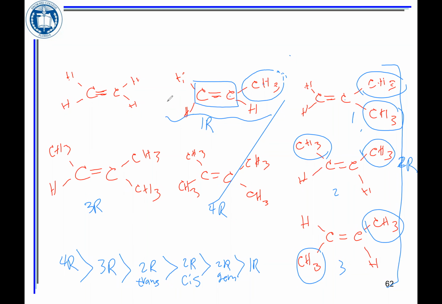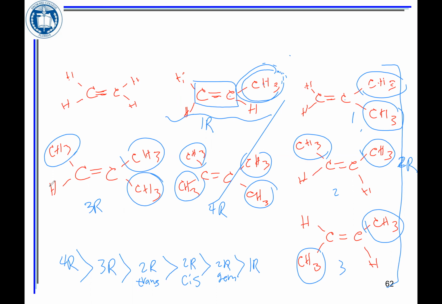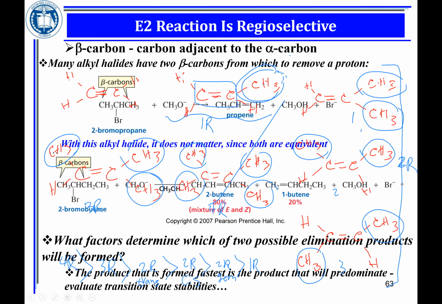Now, if you take this information, and please remember what we have here, 4R, 4 alkyl groups attached. And if we say 1R, only one alkyl group attached. If we say 3R, that means 1, 2, and 3 alkyl groups attached, and 1 is hydrogen. If we take this to the next slide where we had percentage difference, okay?